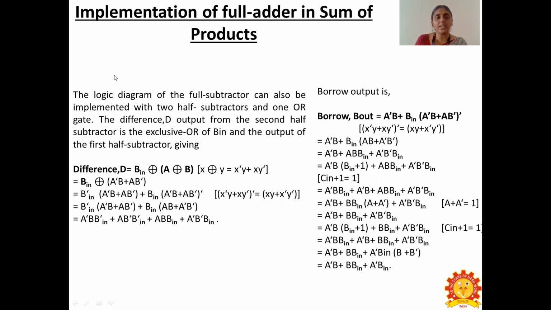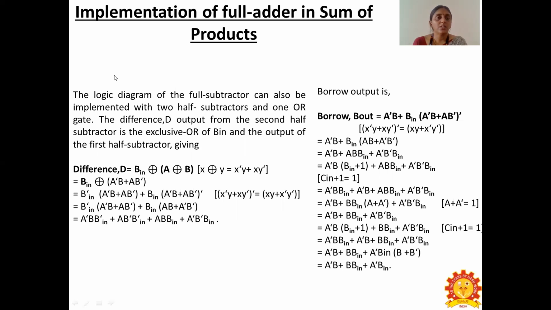The logic diagram of the full subtractor can also be implemented with 2 half subtractors and 1 OR gate. The difference D output from the second half subtractor involves the exclusive OR of the borrow input value and the output of the first half subtractor.